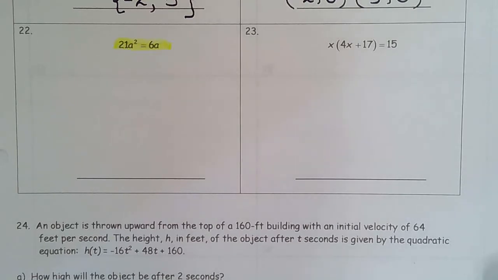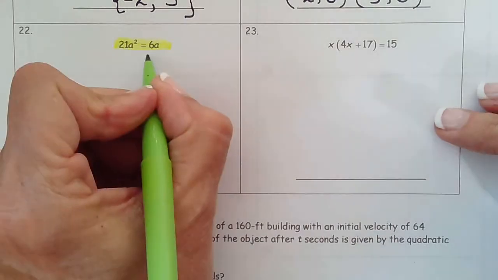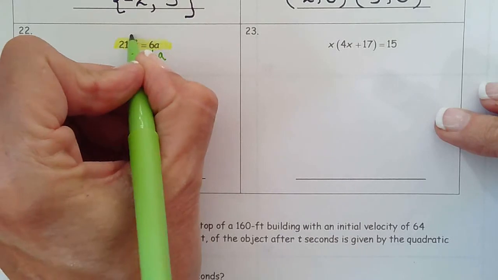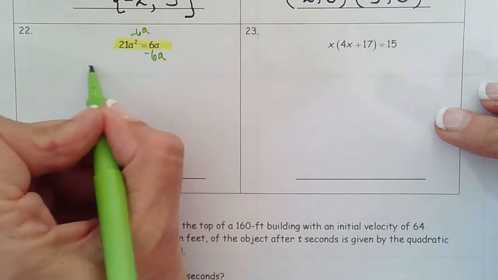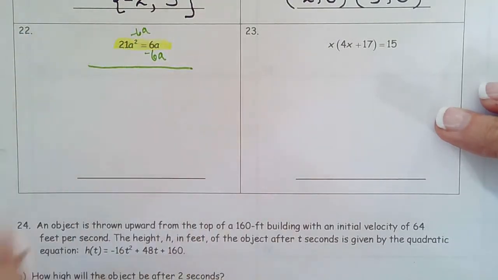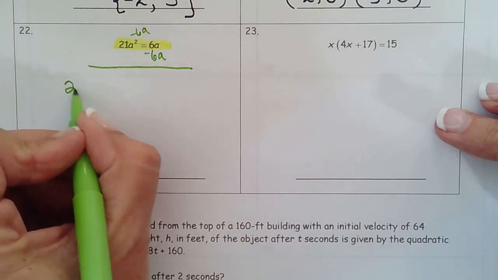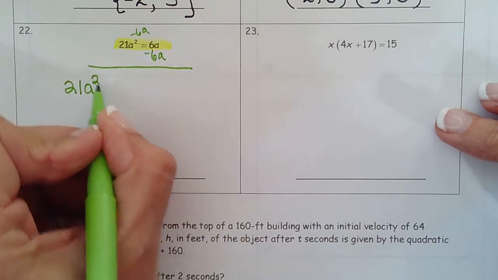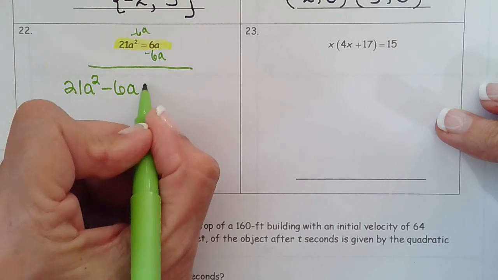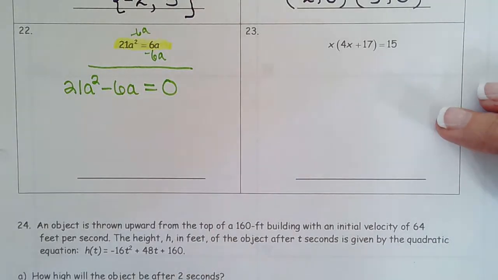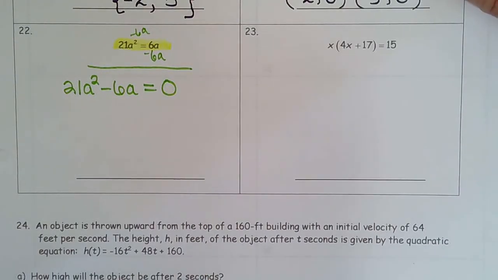So that means we need to subtract 6A from here, subtract 6A from there. Because remember, we always want to keep our squared term positive, so that leaves us with 21A squared minus 6A equals 0. So here's that two-term thing again.